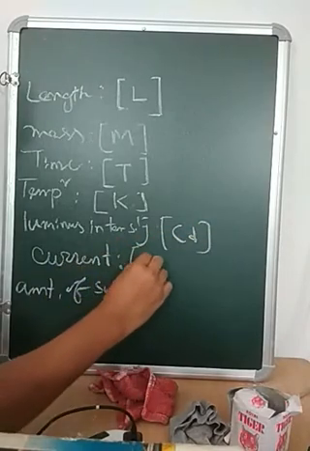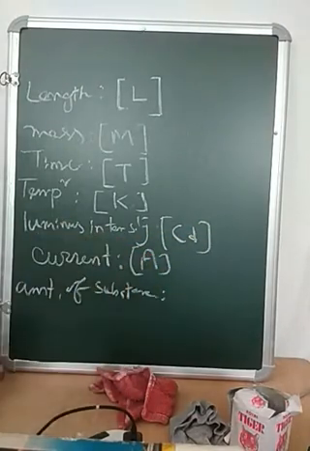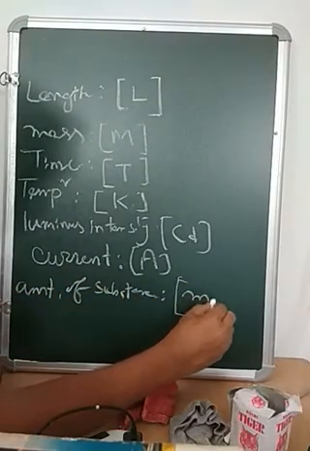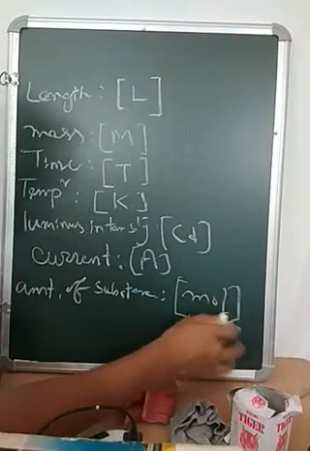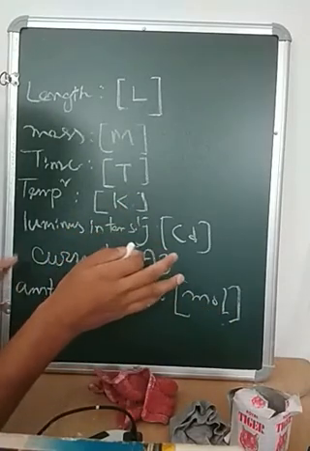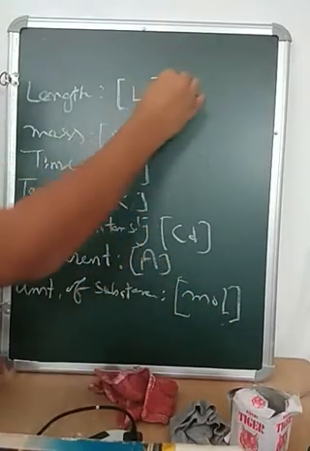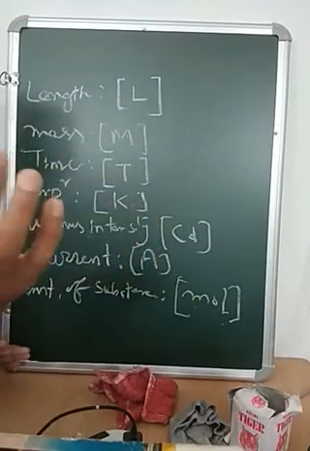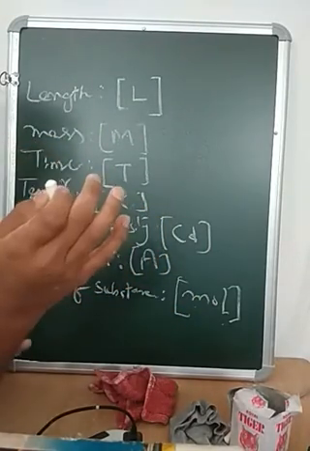For current, ampere. And for amount of substance, mole. These are the dimensions for the 7 base quantities. With the help of these 7, we can represent and deal with any physical quantity.